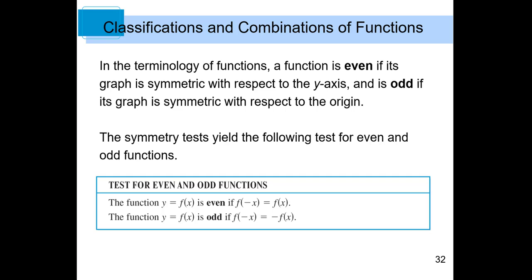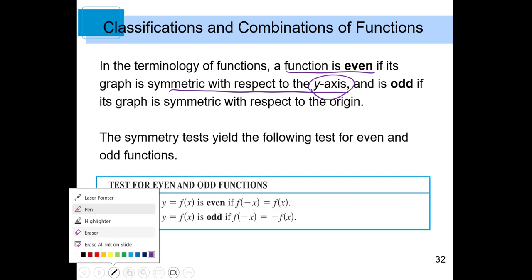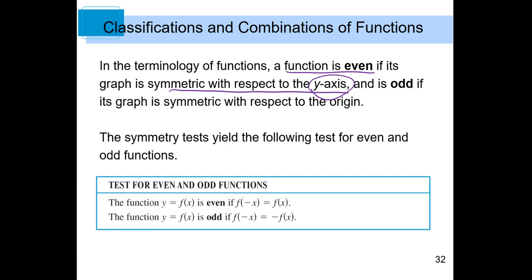Here we also have even functions. The function is even if its graph is symmetric with respect to the y-axis, and the function is odd if it's symmetrical with respect to the origin. So an even function is defined as f of negative x equals f of x.